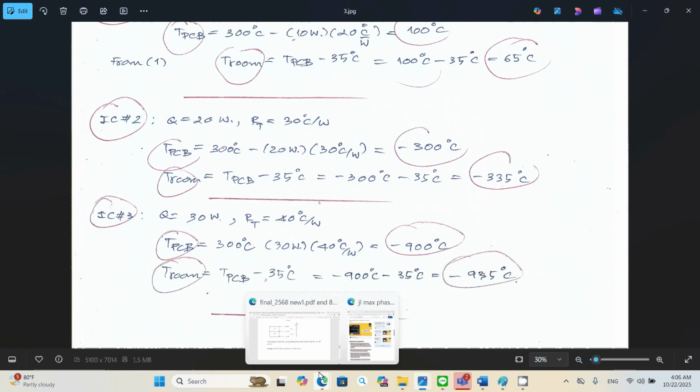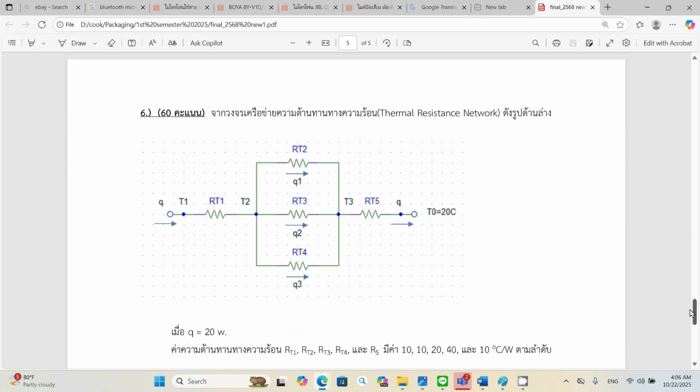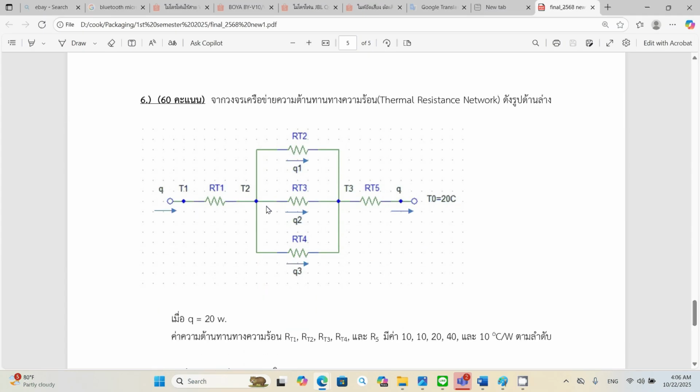The last one is, take a look at the thermal resistance network. We have thermal resistances connected both in series and in parallel. You have the room temperature T0 equal to 20 degrees Celsius.